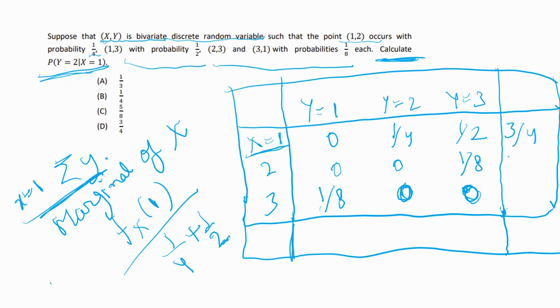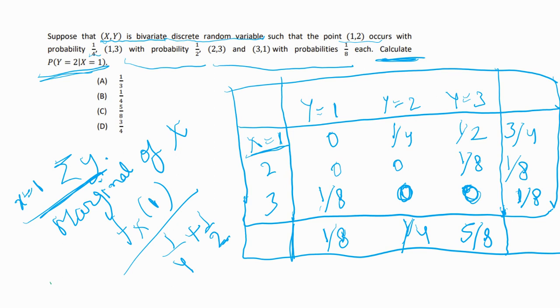This will be 3 by 4, this will be 1 by 8, this will be 1 by 8. Okay, now here this is 1 by 8, this is 1 by 4, and this is 1 by 2 plus 1 by 8 will be 4 plus 1, 5 by 8.